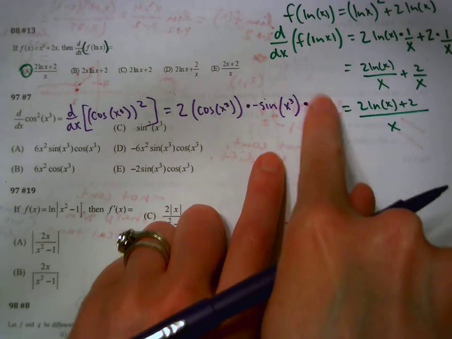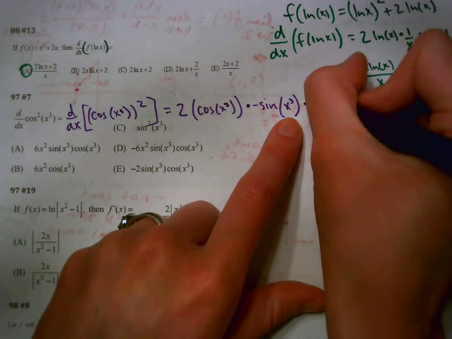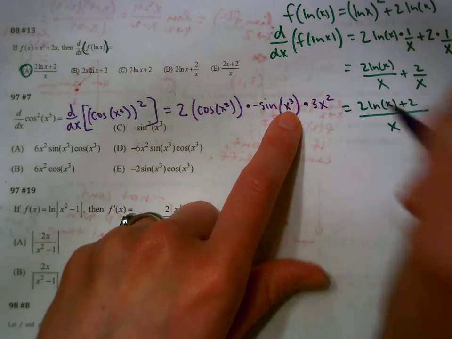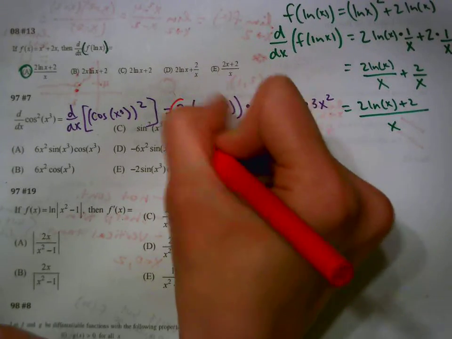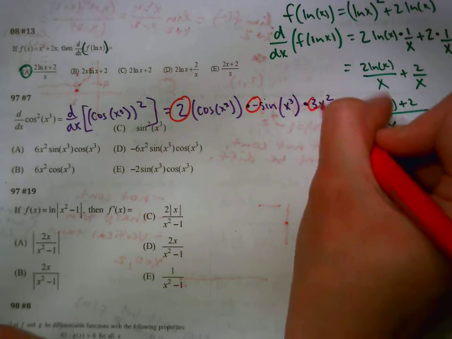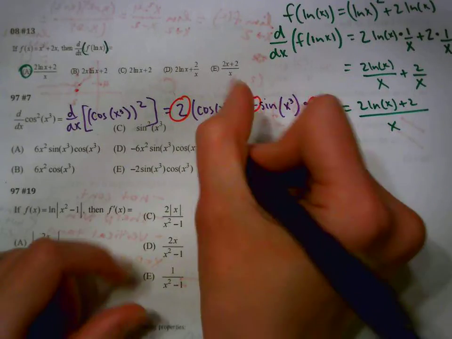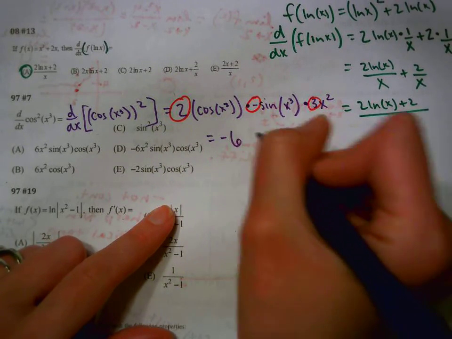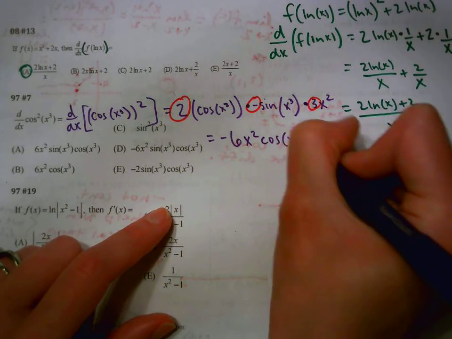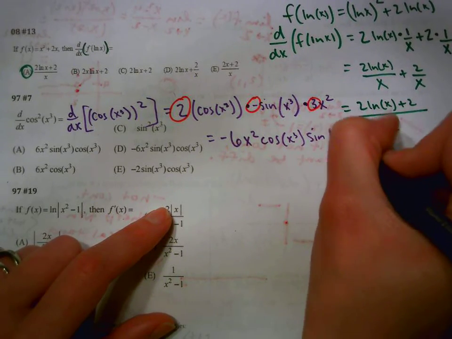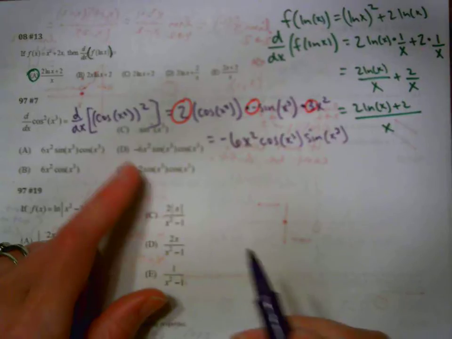So it was like 3 chain rules. So then 3x squared. And then we could clean this up, take all your coefficients, which is a 2, a negative, and a 3. So that would be negative 6 x squared times cosine x cubed times sine x cubed. Is that an answer? Answer choice D.